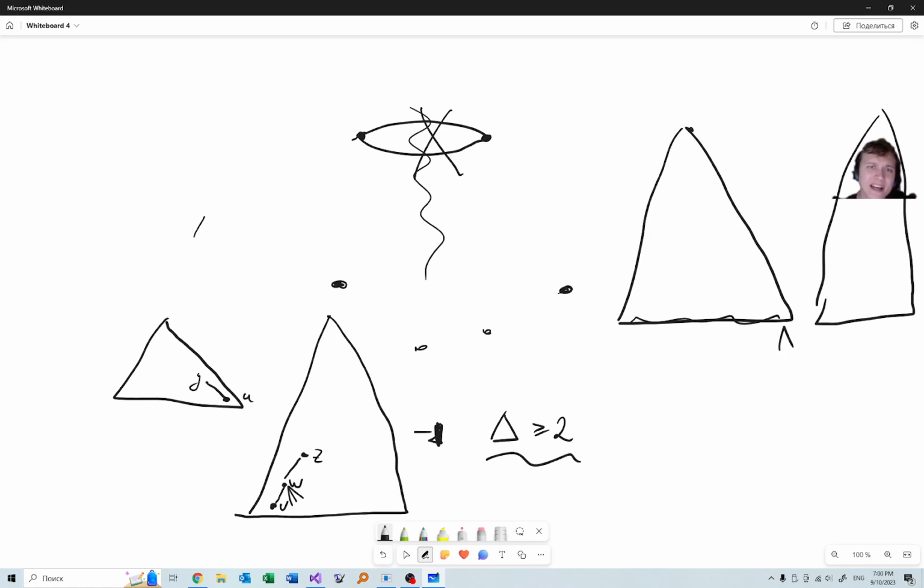Also, I kinda cannot do it when degree of u is 2. Yeah, because it's impossible. But in this case, it was just a bad idea to put it into a cycle.